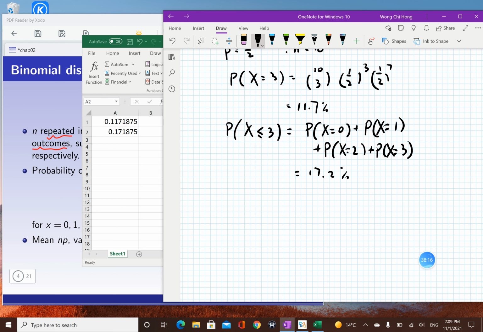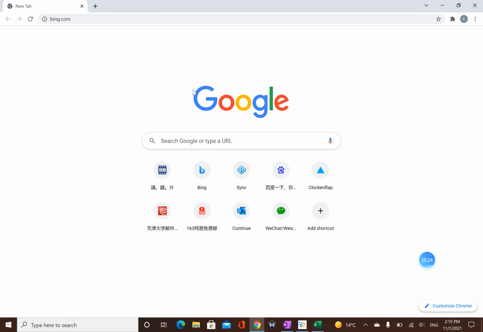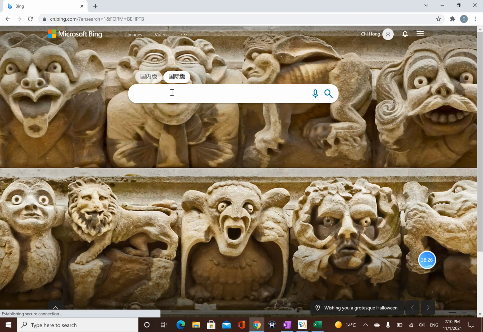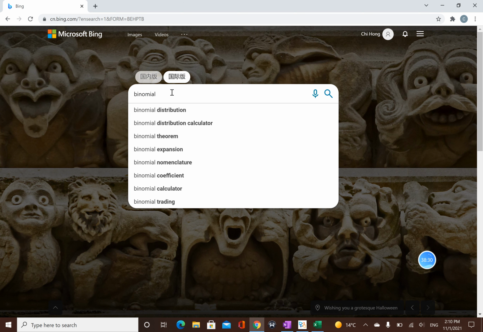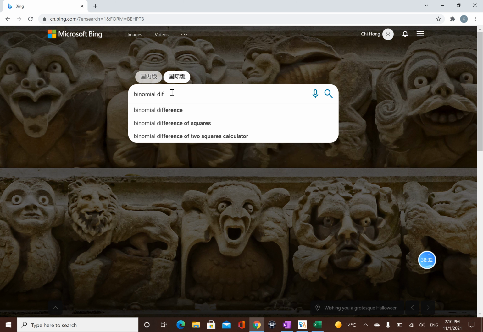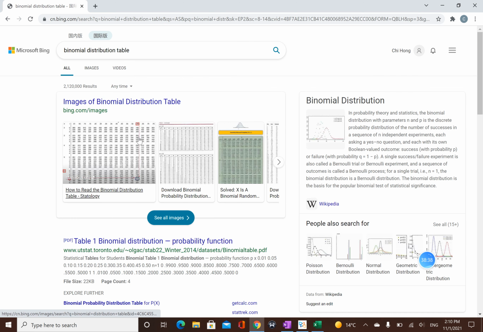You can go to the internet and have a look for a binomial distribution table. You will see something like this.